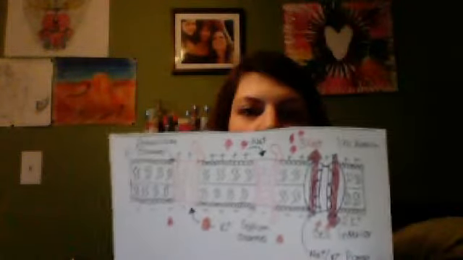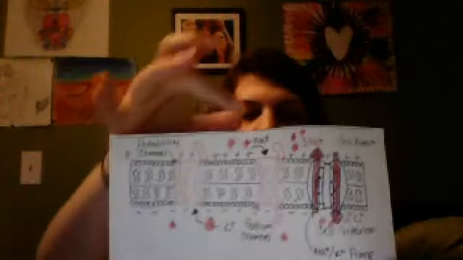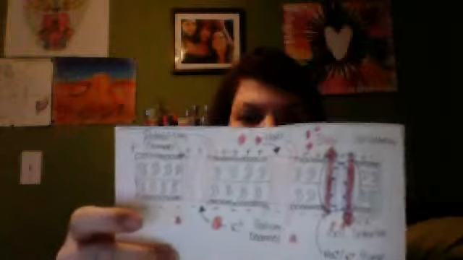So, like I said, the sodium was up here and was moving down here during that concentration gradient. But now, because of this sodium potassium pump, it is pushed back up with energy to the top, and same thing with the potassium. It's forced back down to where it originally was located.